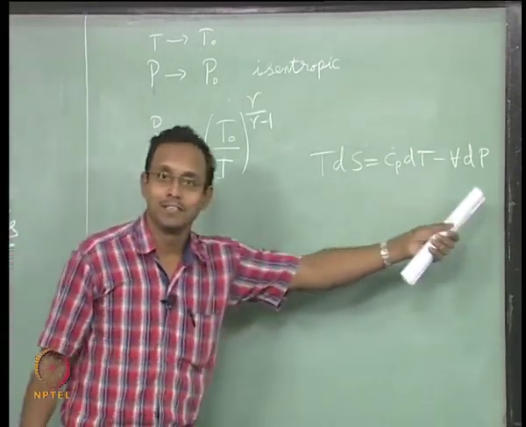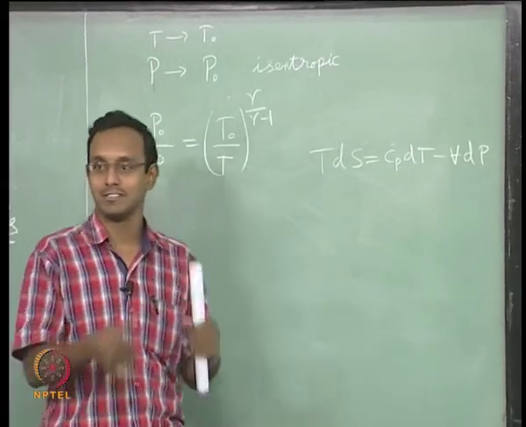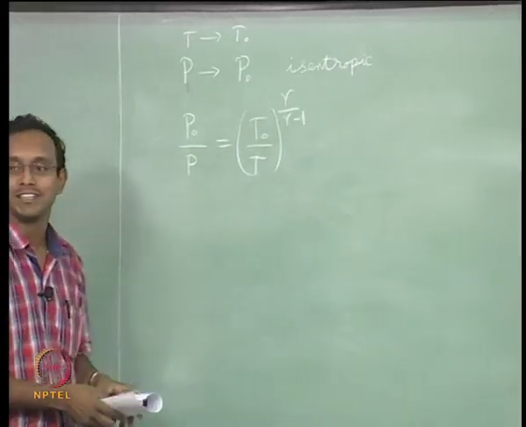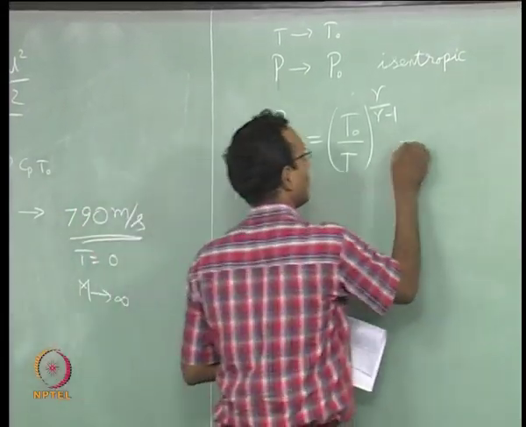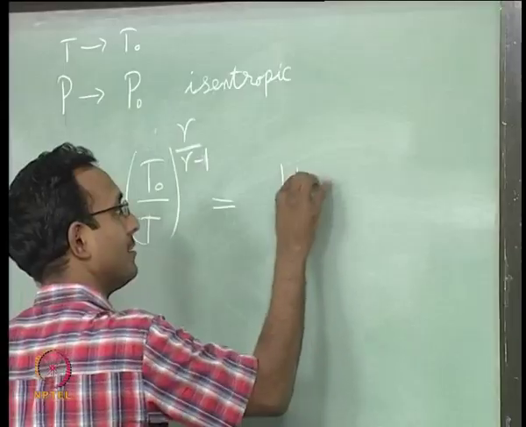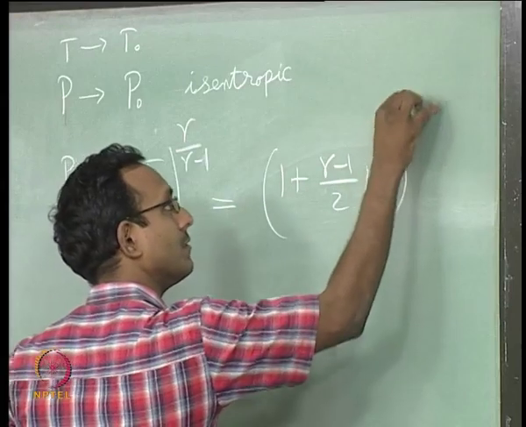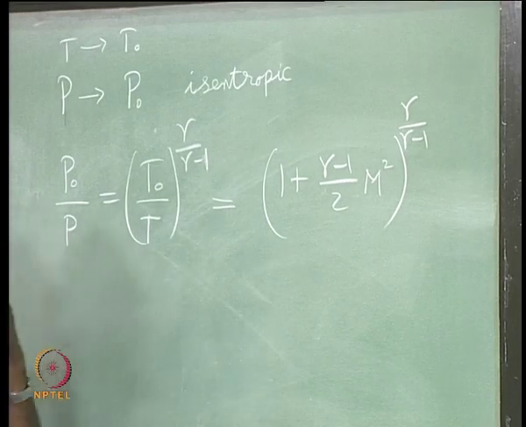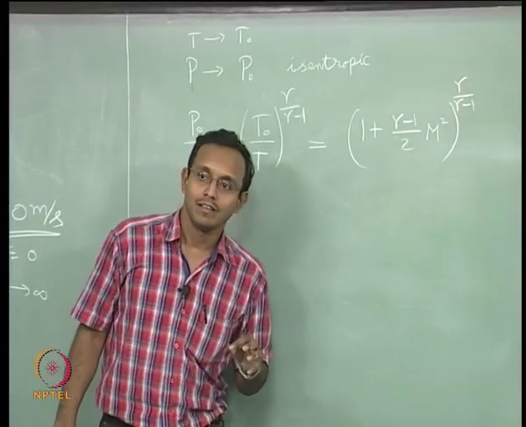So remember the thermodynamics, gas dynamics is completely standing on thermodynamics, okay. Remember that. That is why I spent 3 classes reviewing thermodynamics for you people, okay. So now once I know this, I can write one more expression from the previous relation. T naught by T need not be isentropic, all it needs is adiabatic, okay.